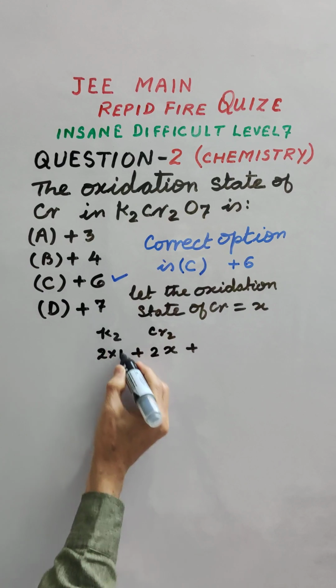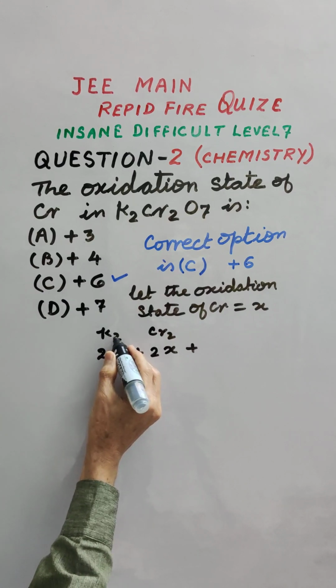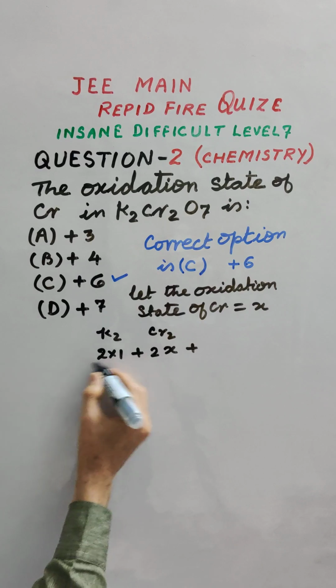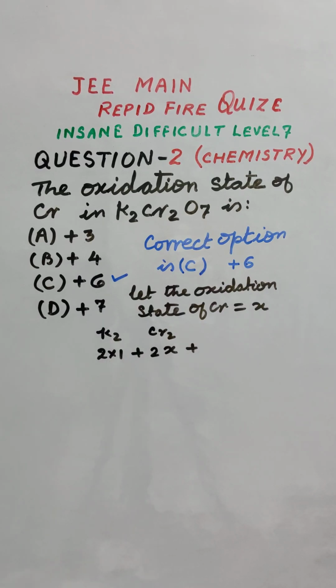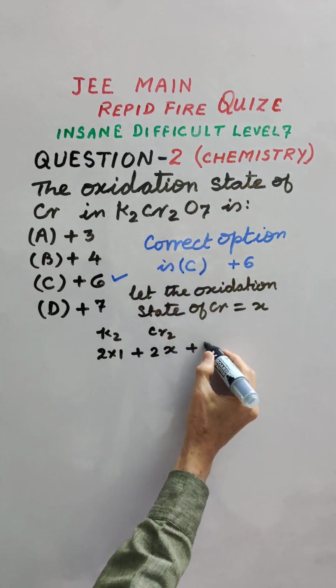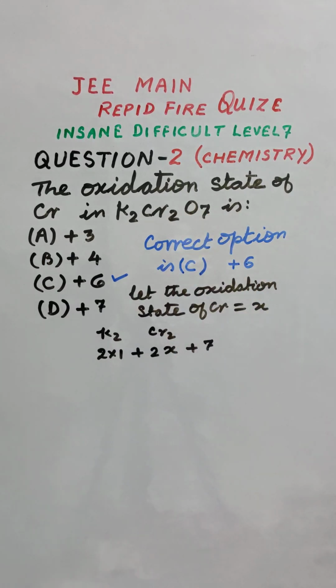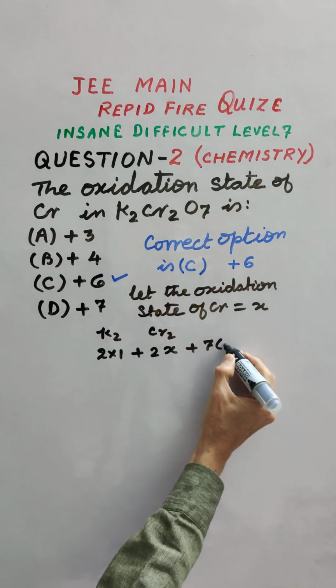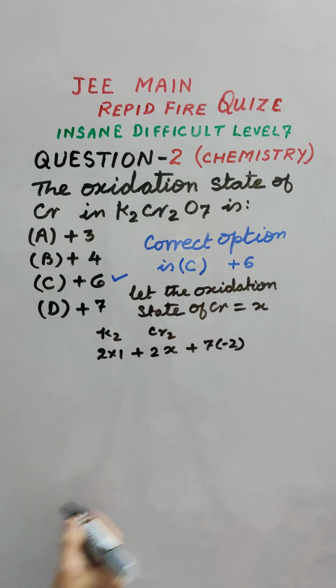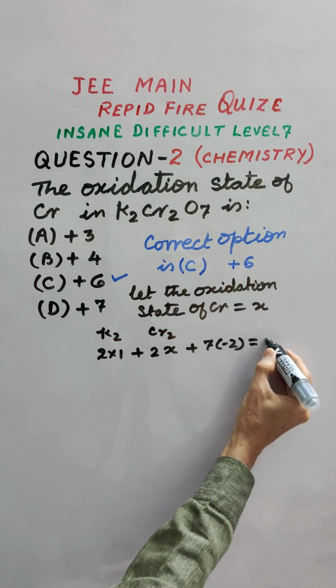And for potassium, there are 2 atoms of potassium, and the valency is multiplied with that, 1. Similarly, there are 7 atoms of oxygen, and the valency of oxygen is -2, so multiplied with that. The total is equal to 0 for stability.